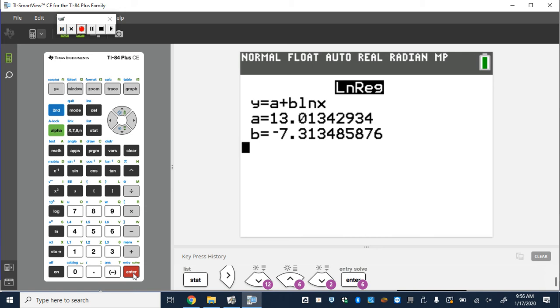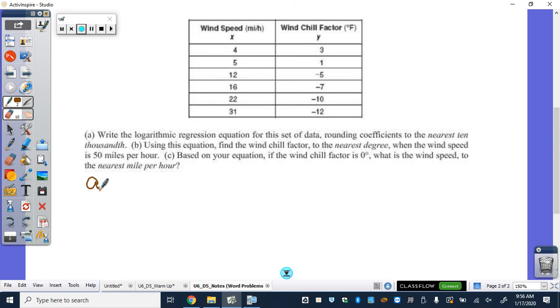And then there's our equation. So it gives you first the basic equation, y equals a plus b ln of x. So that is our basic log regression. And then they give you the values of a and b to plug in there. They told us to round to the nearest 10,000. So 4 numbers after.